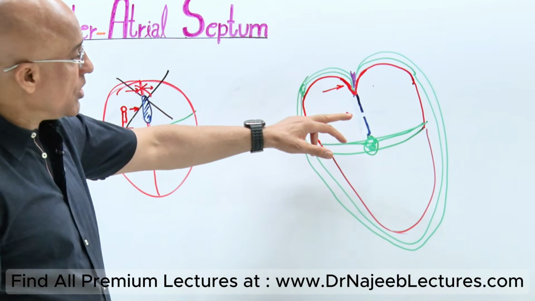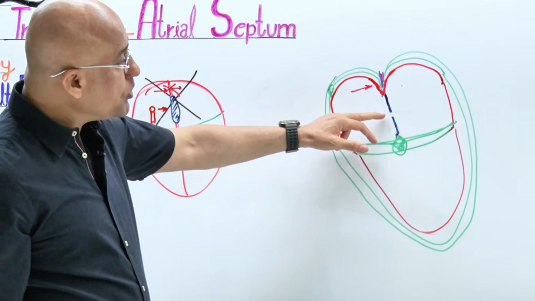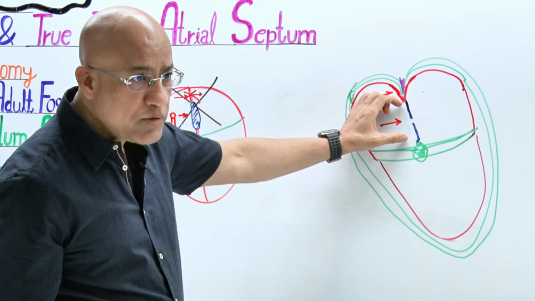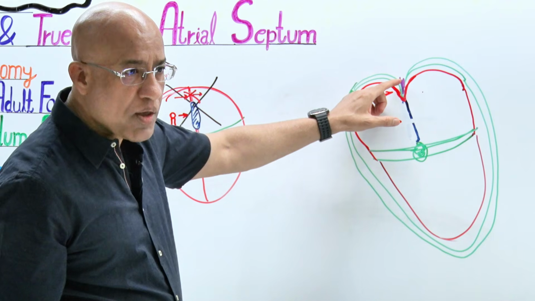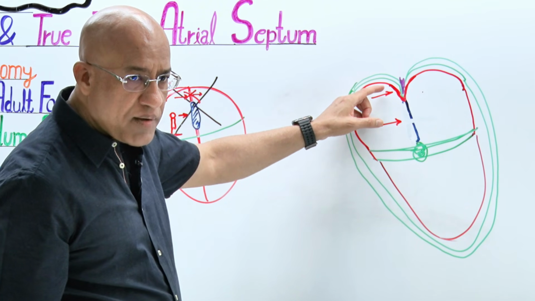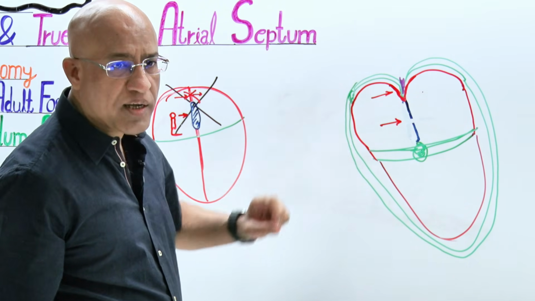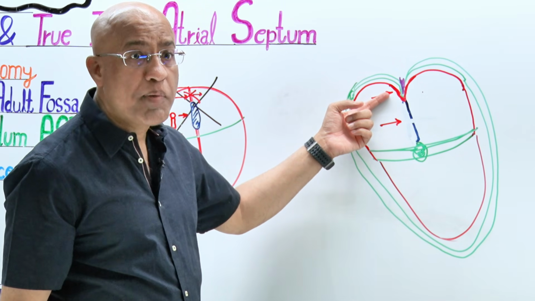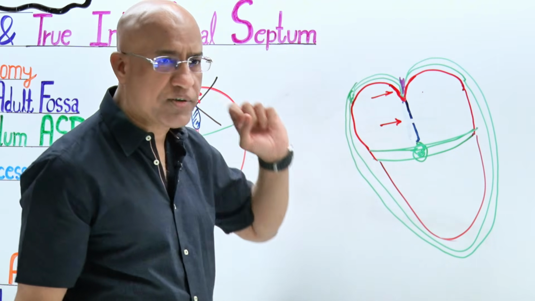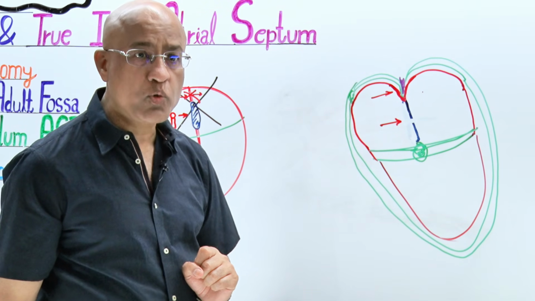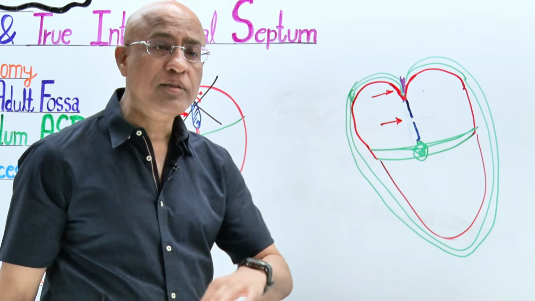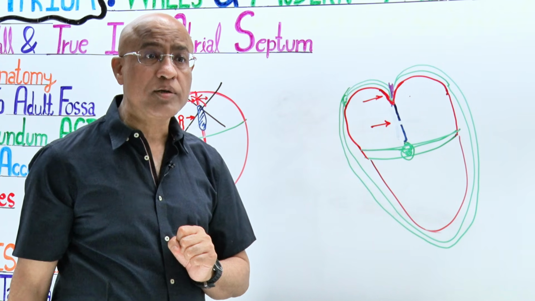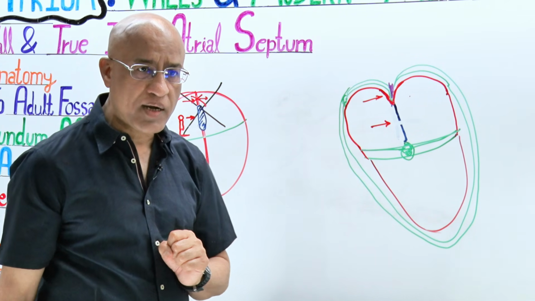But what I am trying to say is that if you don't puncture through the floor of fossa ovalis and you puncture from some superior area or from posterior area or from very inferior area, actually you puncture the right atrium and you may end up outside of the right atrium, into extra cardiac tissue or some other neighboring tissue, and it can produce a lot of dangerous complications, right?